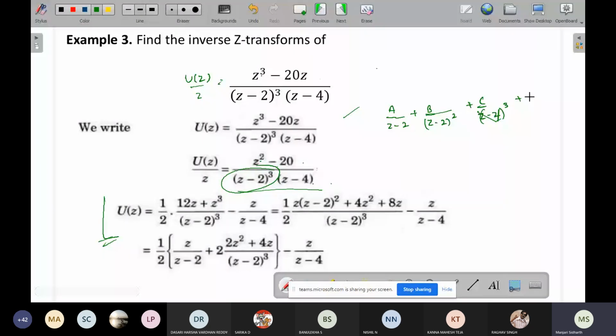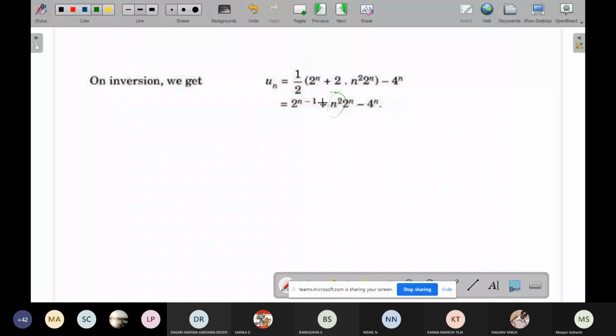Using this term, z square minus 20 over this, z minus 2 whole cube and z minus 4. Now how to deal with the square? Once you get the b and c values, use that derivative, multiplication by n, and you will get the answer. Like multiplication by n, n is here. So you just need to recall the formulas and balance the terms. That's it in the inverse Z transforms.